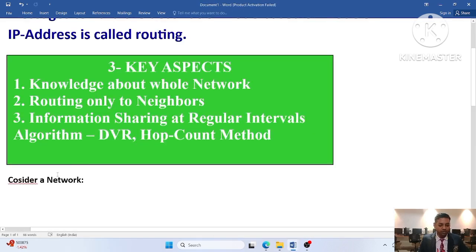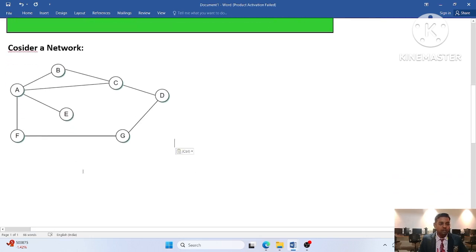This is the graph I'm going to consider, having nodes from node A to node G. As we can see, this network graph is an unweighted graph.